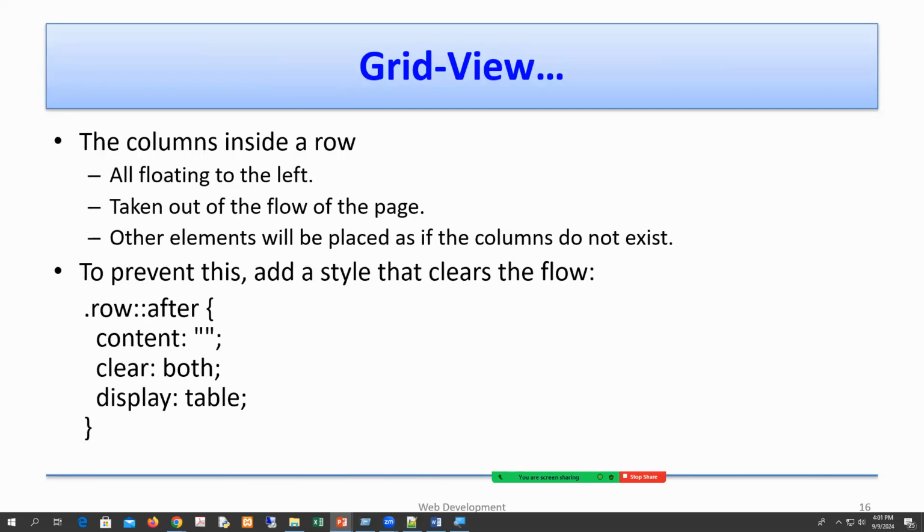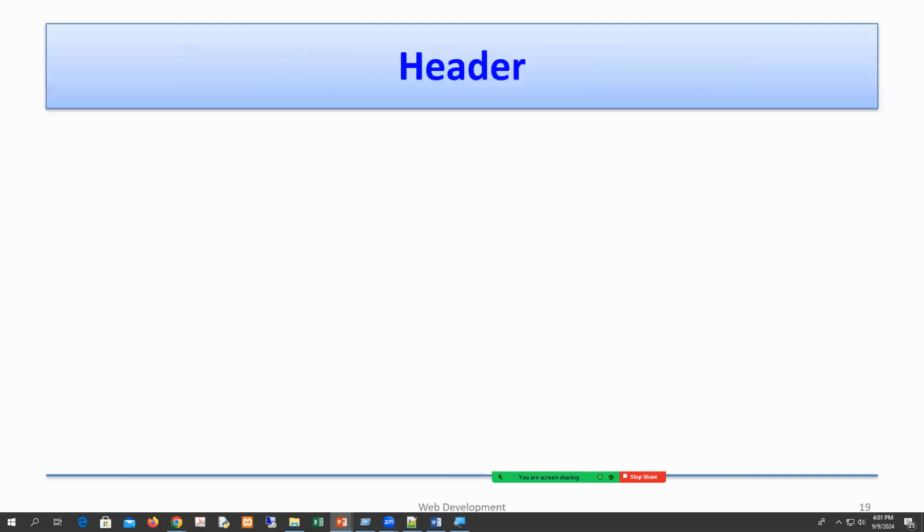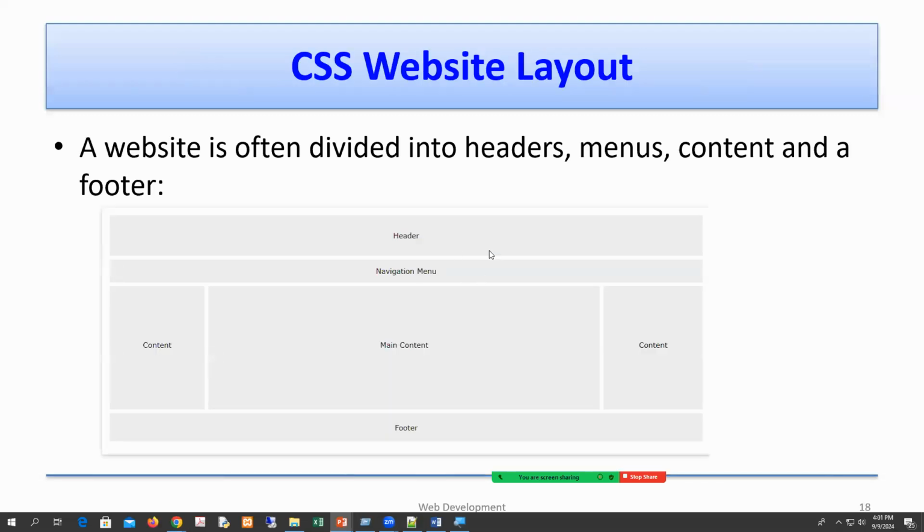One more thing. Usually, when you define the web page, this is the general format. At the top of the web page, we have a header section, and then a navigation bar, and here we can have the content, which can be divided into two frames, and these are optional.